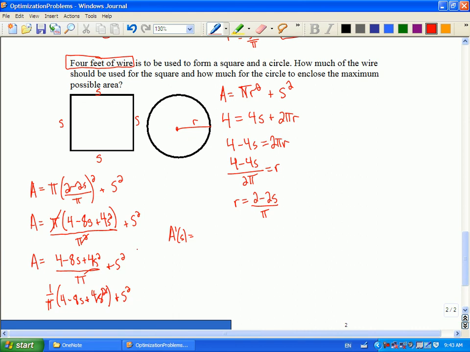Since it's a constant, I don't need to worry about it in my derivative. It's just going to be these pieces here. It'll be 1 over pi, and 4 is gone, so negative 8 plus 8s plus 2s here.